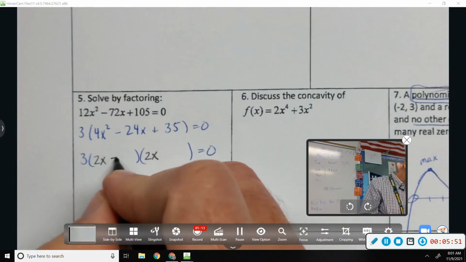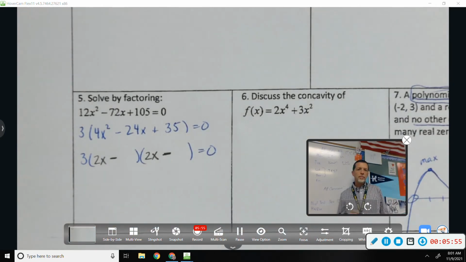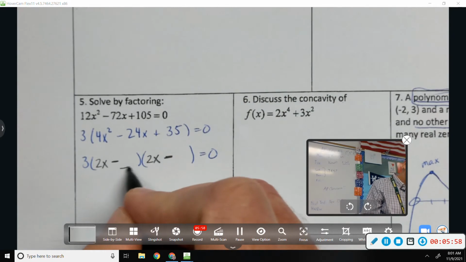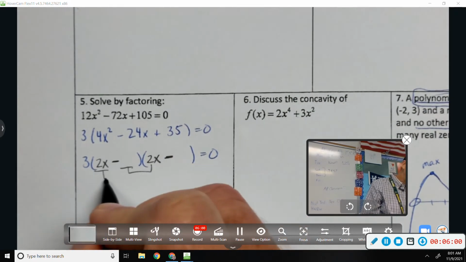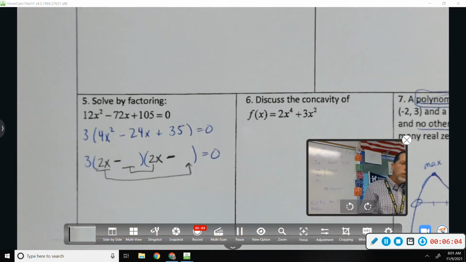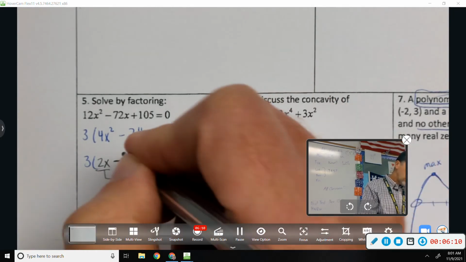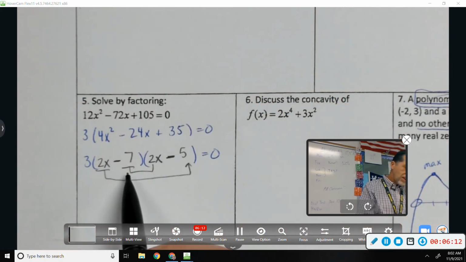The signs will both be negative, so that's good. We're not guessing around with signs. So both of the factors of 35 will be multiplied by 2. And then factors of 35, there's not too many of them. 5 and 7. So that'd be negative 10 and negative 14.